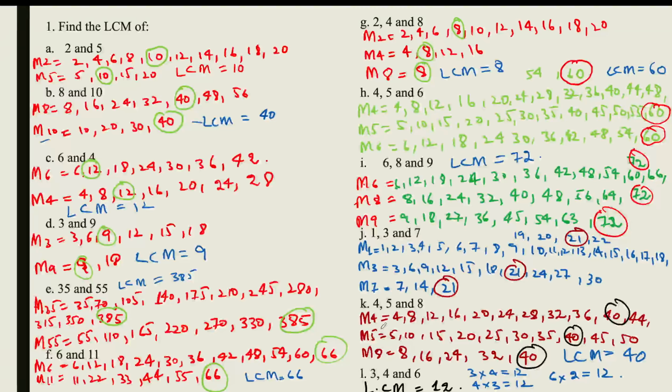So we express it just as we did before, and the common one we come across is 12. So the LCM of 3, 4 and 6 is 12, the lowest common multiple.